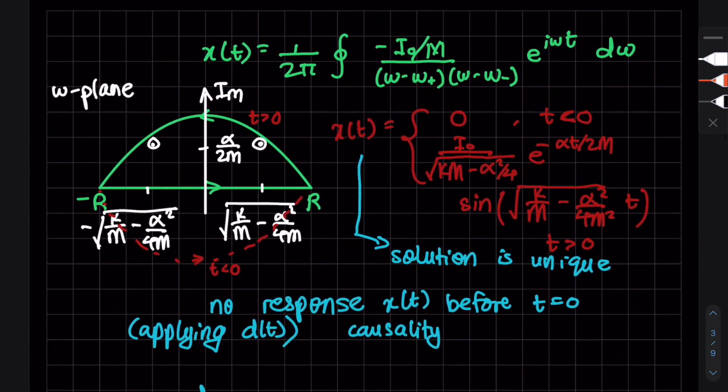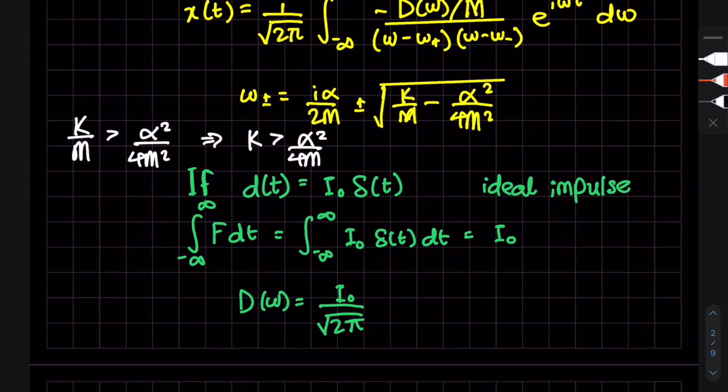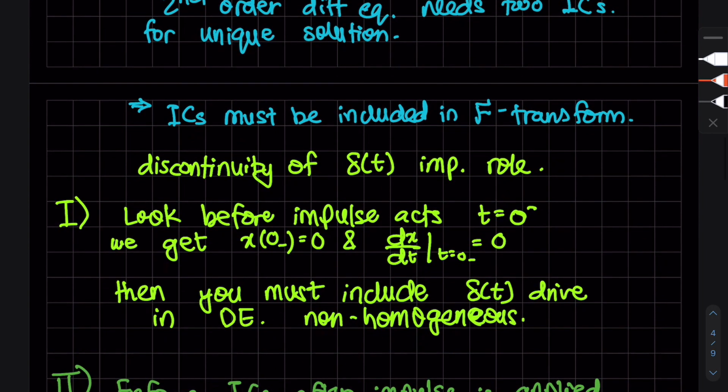In perspective 1, we don't really have a homogeneous problem, but we consider a causality argument to say that it has to be 0 before the delta starts, and that's where we put our initial conditions, right before the delta.